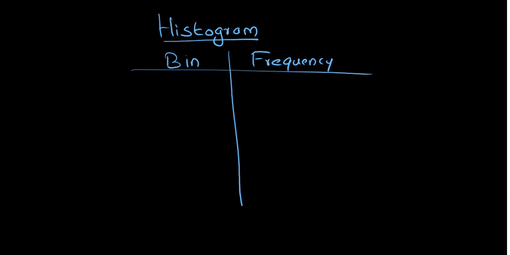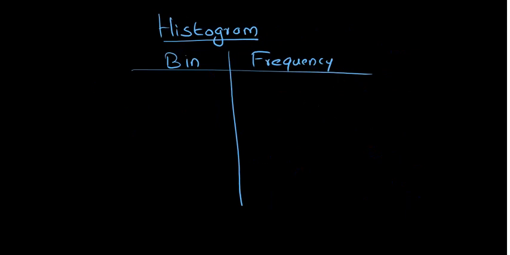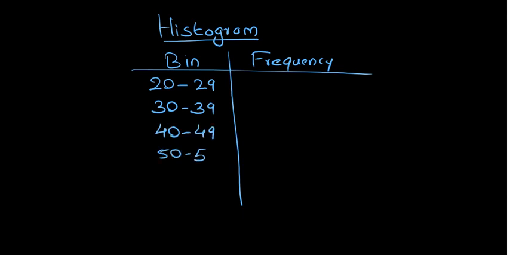So I can choose bins like this one: 20 to 29, 30 to 39, 40 to 49, 50 to 59, 60 to 69, 70 to 79, 80 to 89, 90 to 99.